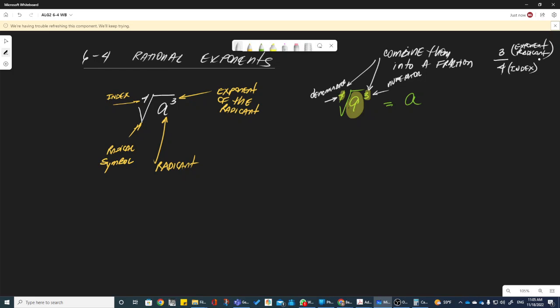Once you build this number, that number becomes the exponent that you are going to put in here. 3/4. And then that's actually the simplified form of this expression.